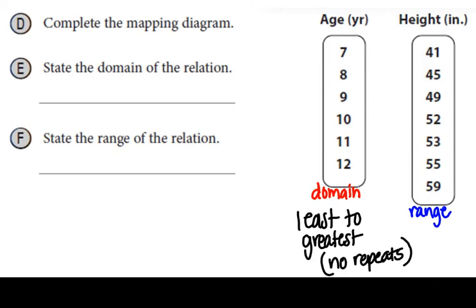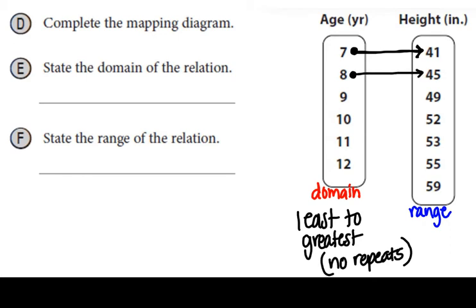The mapping diagram, when I had a 7-year-old, the 7-year-old was 41 inches. Notice how we start with a point at the 7-year-old and it draws an arrow to the 41 inches, which would be an arrowhead. So the arrowhead goes on the range. An 8-year-old, you put in an 8-year-old and you get out 45 inches.